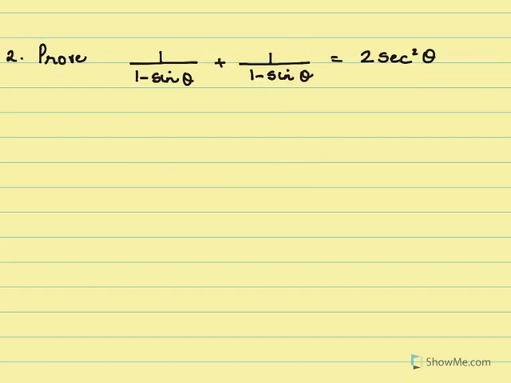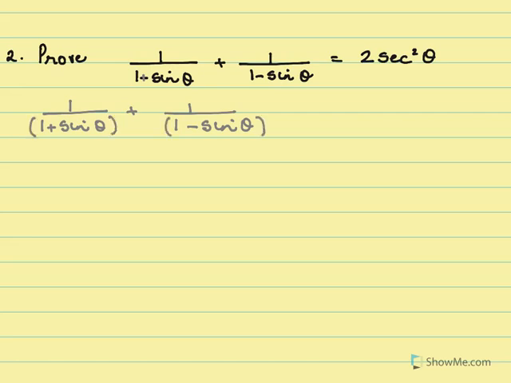Now let's go ahead and prove this relationship. So we take up first 1 over 1 minus sine theta plus 1 over 1 plus sine theta. One is plus and one is minus, so this is plus here, minus sine theta. We have to prove it's equal to 2 sec square theta. We'll take LCM.